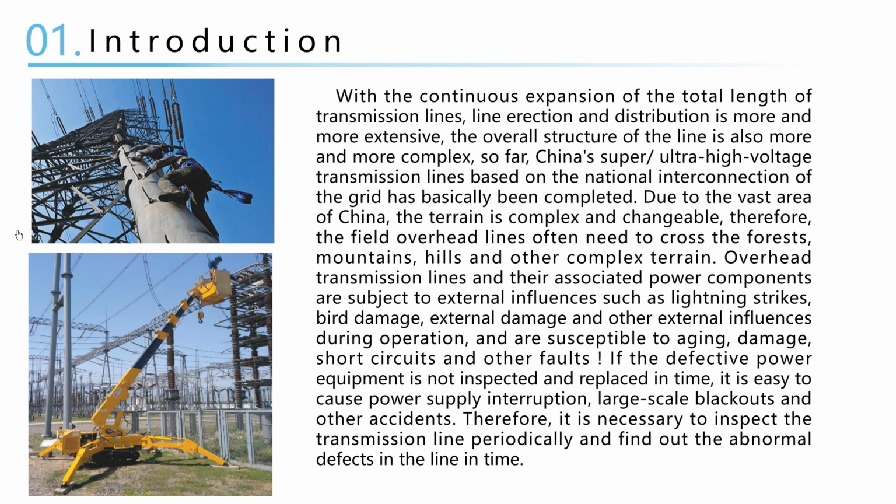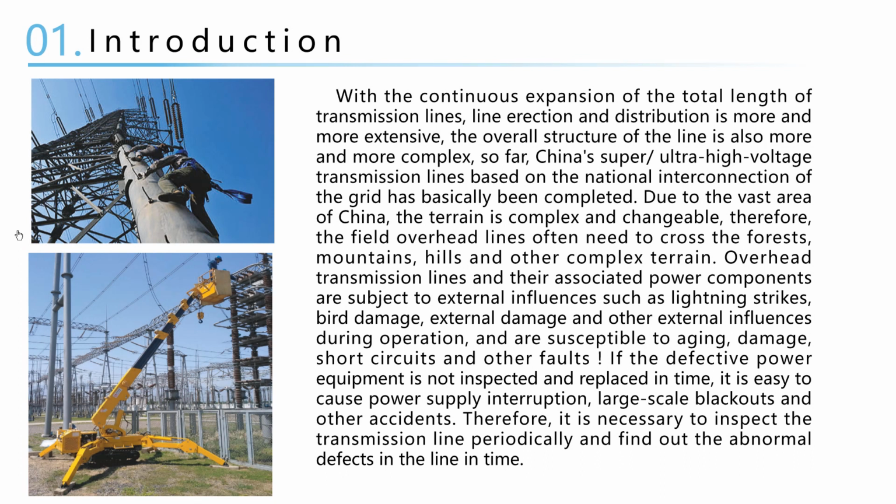So far, China's super and ultra-high voltage transmission lines based on the national interconnection of the grid have basically been completed. Due to the vast area of China, the terrain is complex and changeable. Therefore, the field overhead lines often need to cross forests, mountains, hills, and other complex terrain.